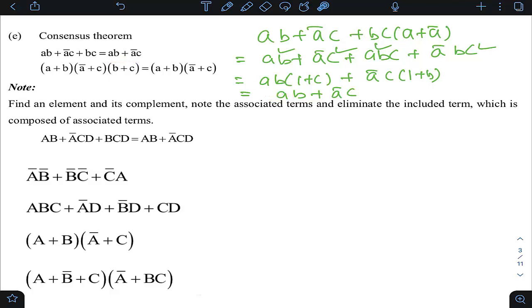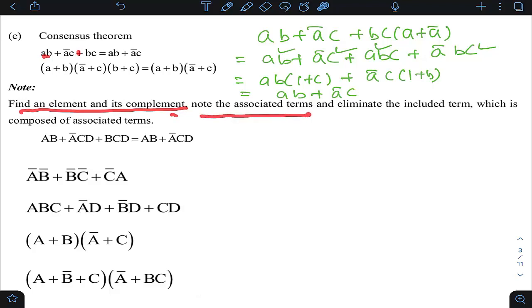Now let us see one more question. So this is one example and then we'll solve all these questions. Here students, you see the point I explained, I have written here. Find an element and its complement, note the associated terms, and eliminate the included term which is composed of associated terms. Find an element and its complement, like here A and A complement.